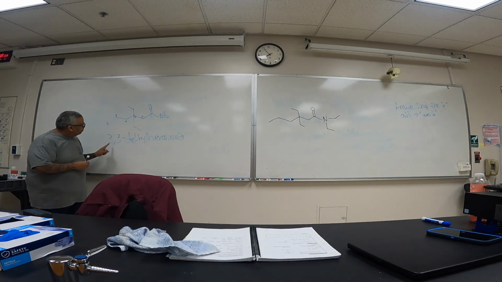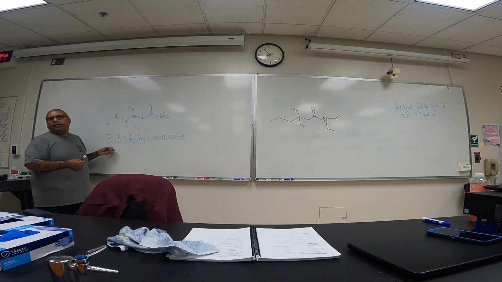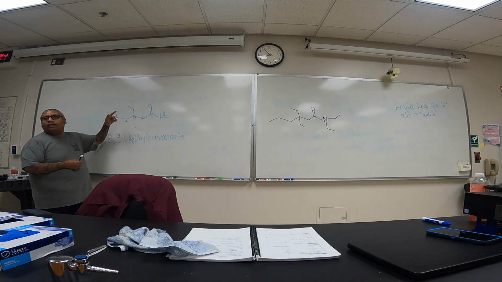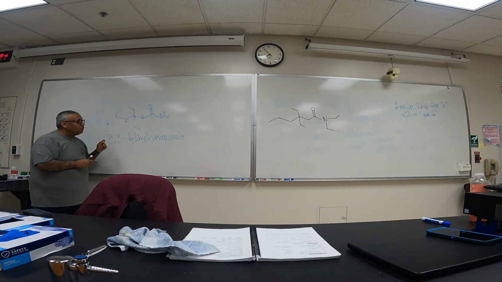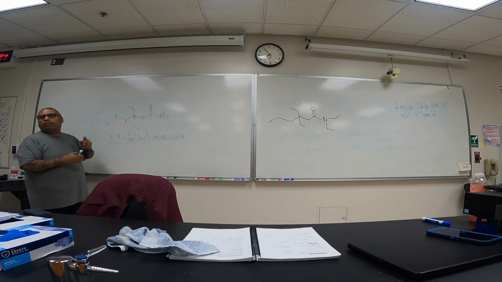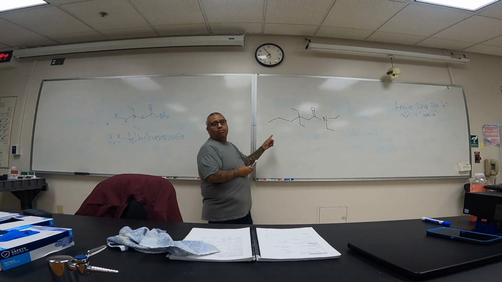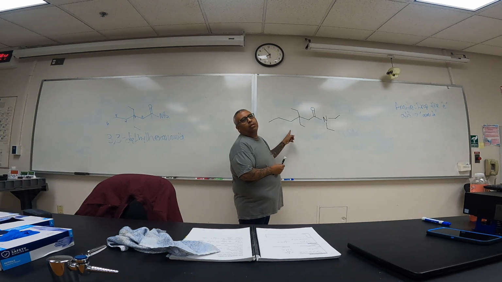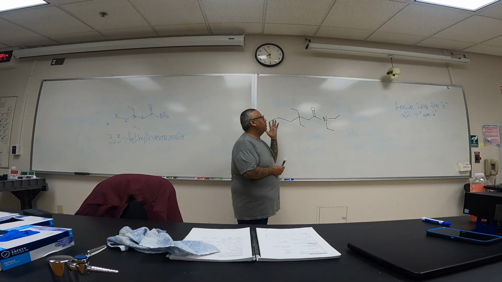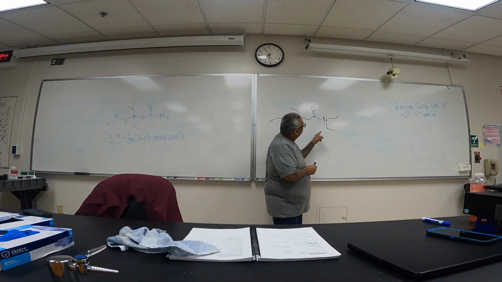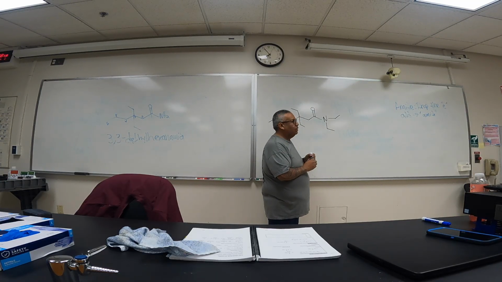Why did you choose 3,3? There's 2 on carbon number 3. Very simple, right? And here we see the same thing. There's 2 on carbon number 3. But there's also 2 where else?